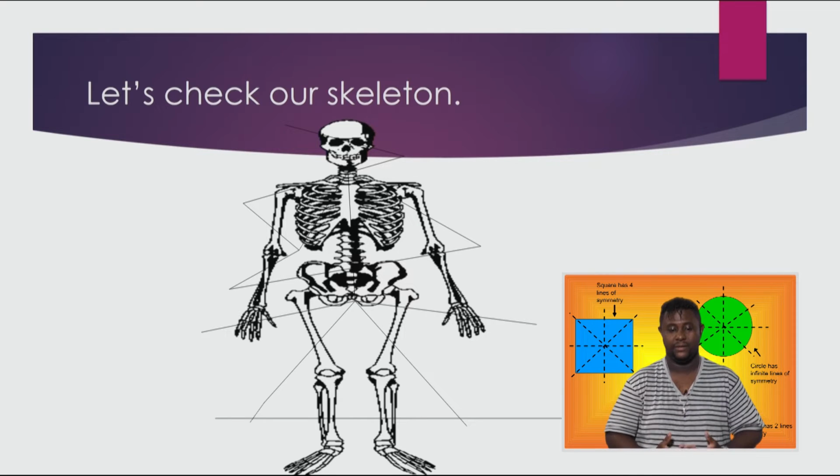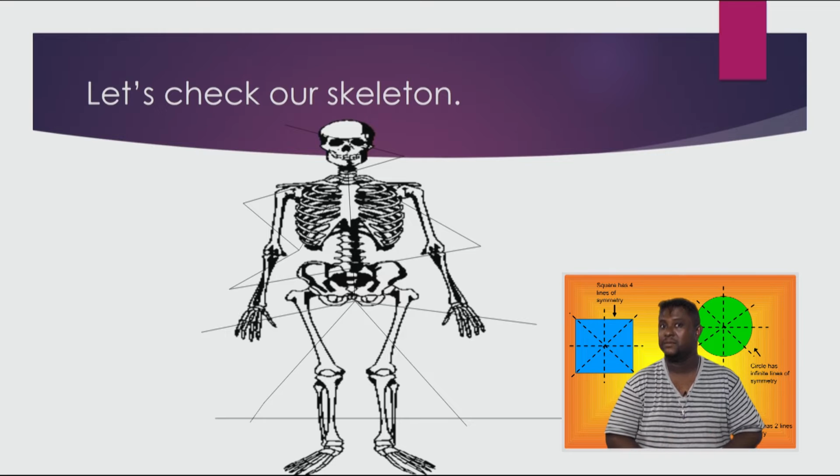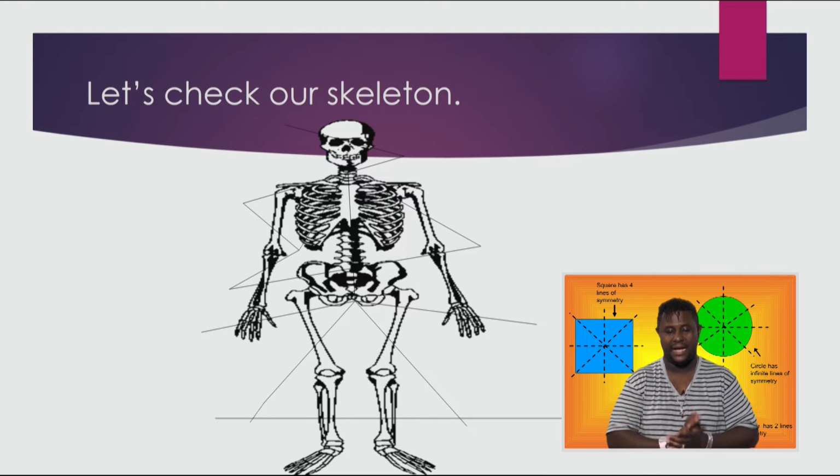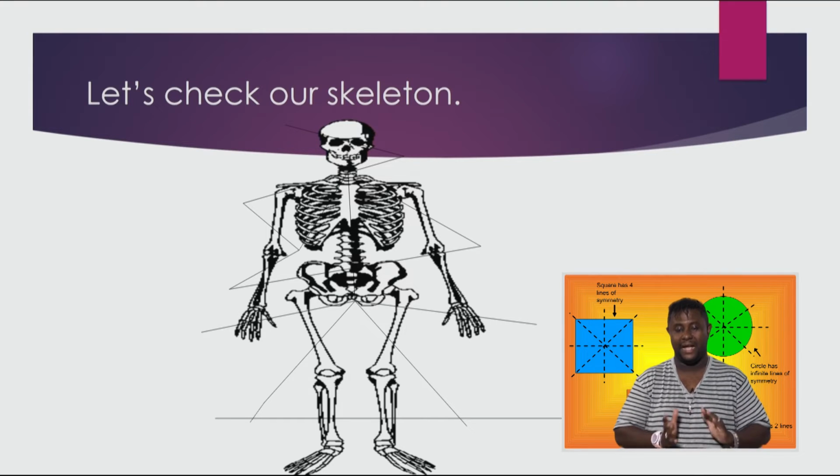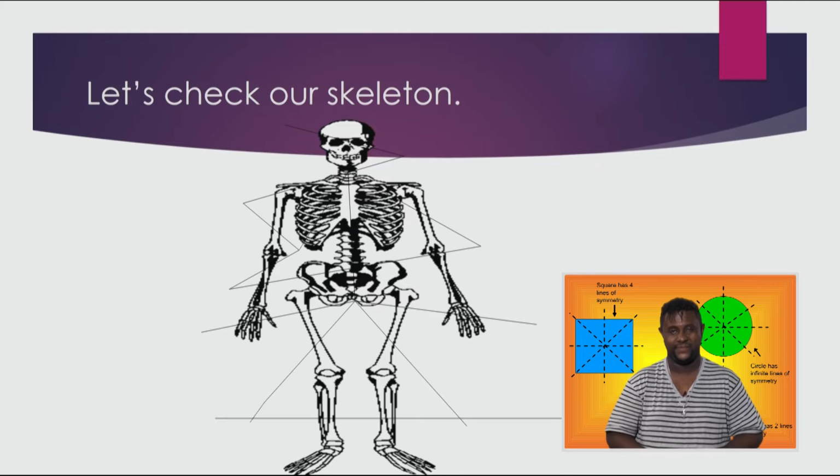So, we can say our skeleton has a line of symmetry, unless you have part of your body that has been cut off. If not, you will have a line of symmetry. Or you don't have any physical disabilities.